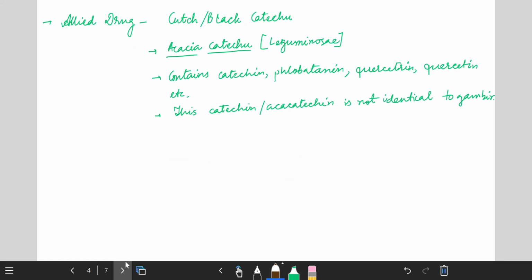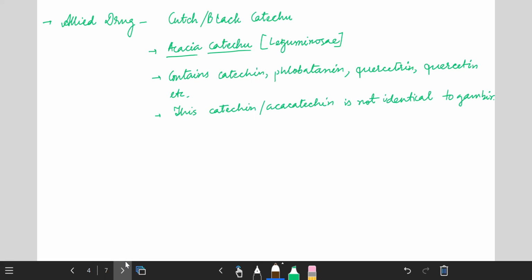So allied drugs are known as Kath, synonym Black Catechu, which is obtained from the extract of heartwood of Acacia Catechu, which belongs to the family Leguminosae, and it occurs as black colored porous mass and taste is similar to Gambier.